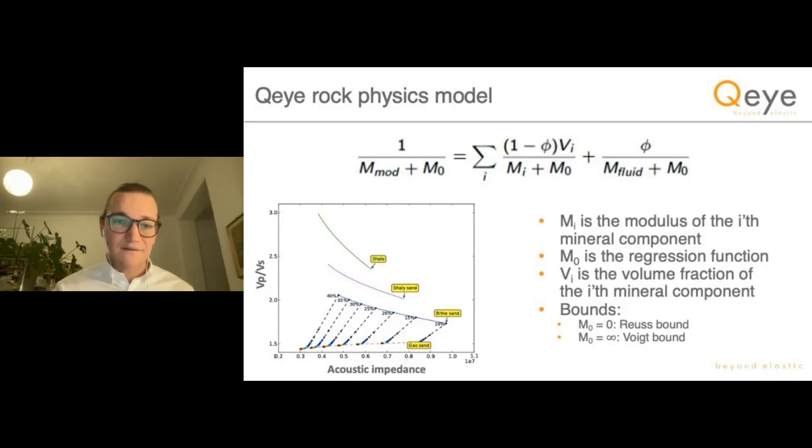And the reason why very often it needs to have a functional dependence on rock properties is basically that depending on what your mineralogy or your porosity is, you can sit in a different space in Voigt and Reuss bounds. So essentially it allows for different compaction trends and different stress states depending on porosity and mineral.